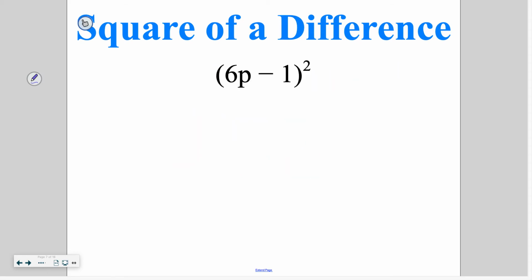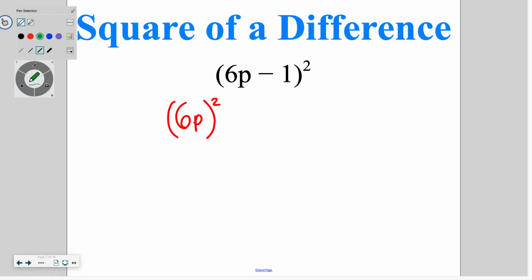So for example, if I've got 6p minus 1 squared, I'm going to take that first term, 6p, and square that. For the middle part, we take 6p times negative 1, and that's being multiplied by 2. And for that last part, we have negative 1 being squared.